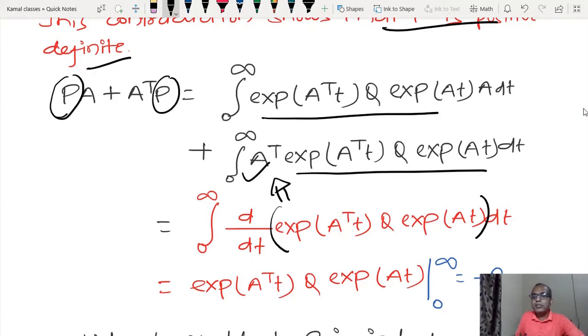If I differentiate with this, then I will get this. Q is a constant matrix, and due to that reason differentiation with respect to t is equal to 0. Okay, so now I have some kind of quantity d by dt like this, and dt is here. So now you can see that I have some kind of integral where a dx kind of quantity is there.